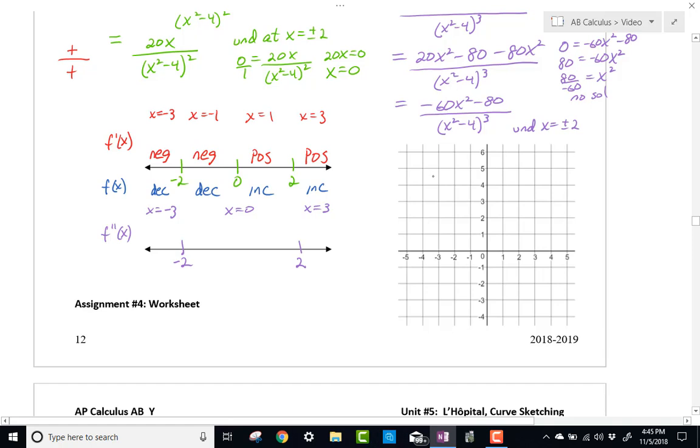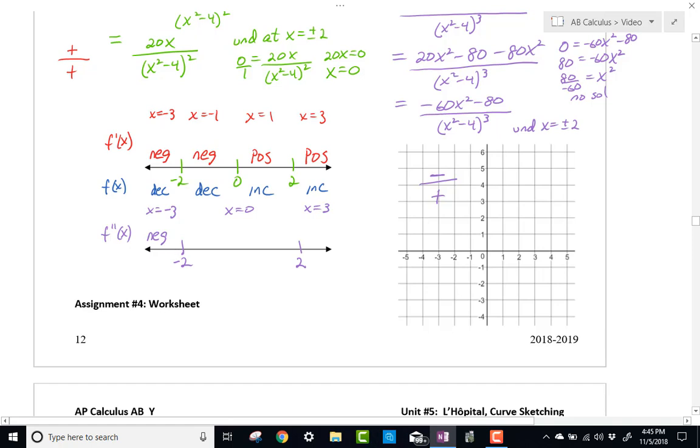So I know that the numerator is going to be negative. Then I'm going to plug in negative 3 to the denominator. I'm going to square it, so that's going to be positive 9. Positive 9 minus 4 is going to be positive, and then I'm going to cube a positive, which is going to be positive. So that means that f double prime is negative from negative infinity to negative 2.